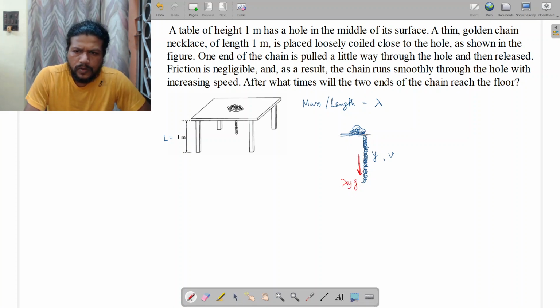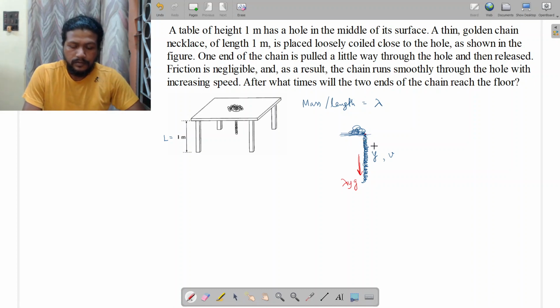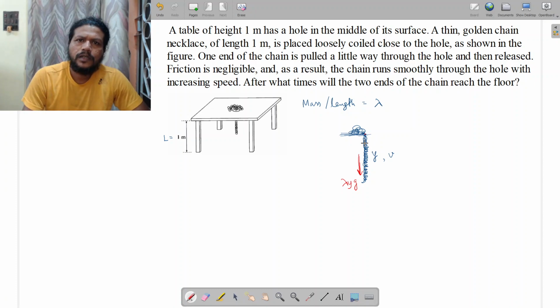But there is also a force exerted at the top by the part which is at rest on the part which is moving. It comes because of the exchange of momentum. If you look carefully, just a very little time dt later, a length v dt will have been added to the chain.